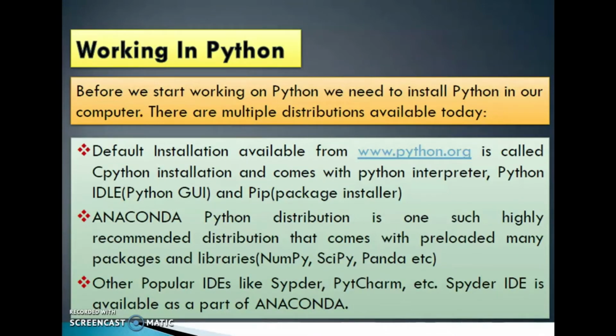Then the Anaconda Python distribution is one such highly recommended distribution that comes preloaded with many packages and libraries such as NumPy, SciPy, Pandas, etc. So many libraries are included in this Anaconda Python distribution itself.